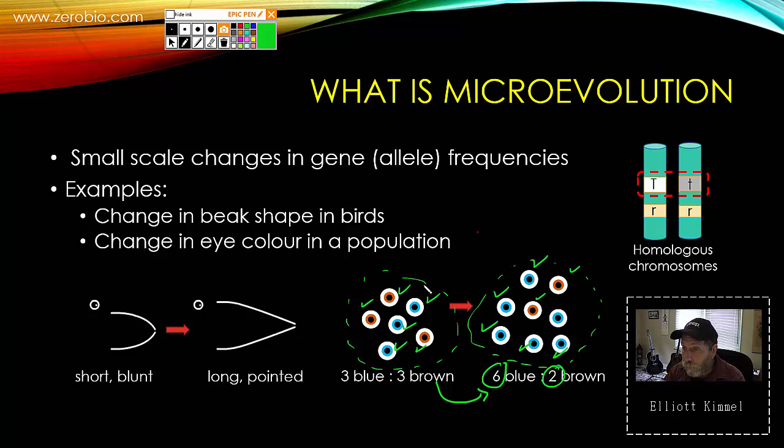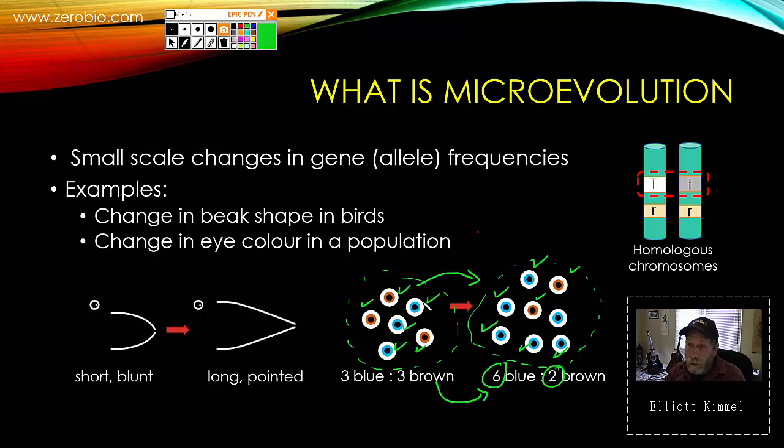We didn't go from this population with blue and brown eyes to all of a sudden having antennae and clawed hands or something like that. We're talking about a small change, just in eye color, but that is evolution. And it's caused by changes in gene frequency.